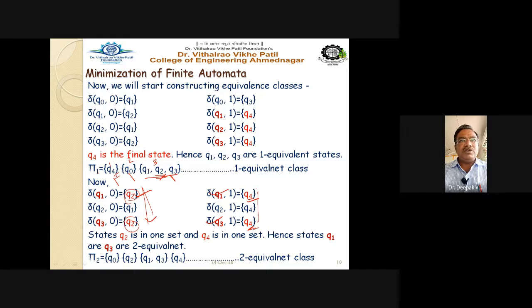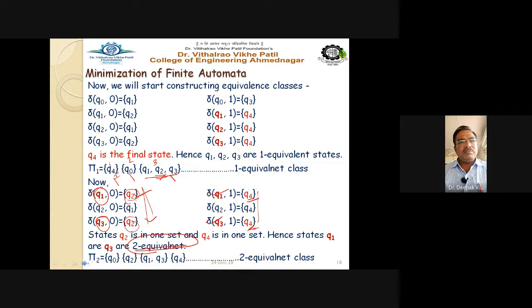That's the conclusion we have written. Which states give us that particular set? These are nothing but Q1, Q3. These are the two states that lead us to that particular set. That's why they are written as two equivalent.